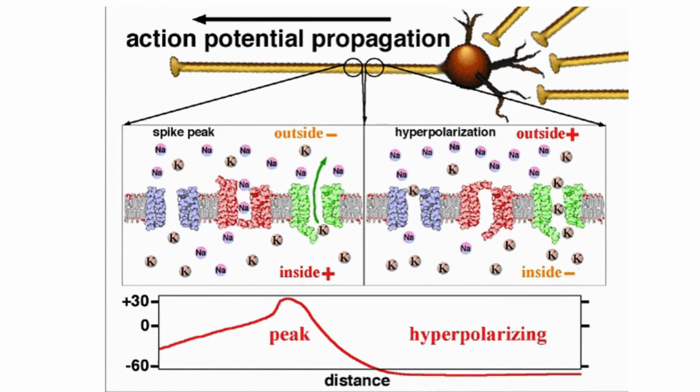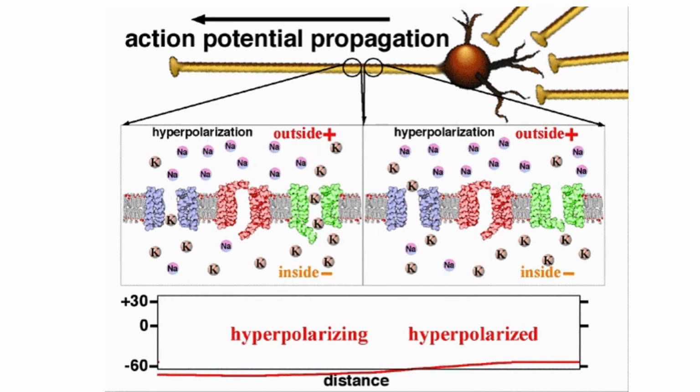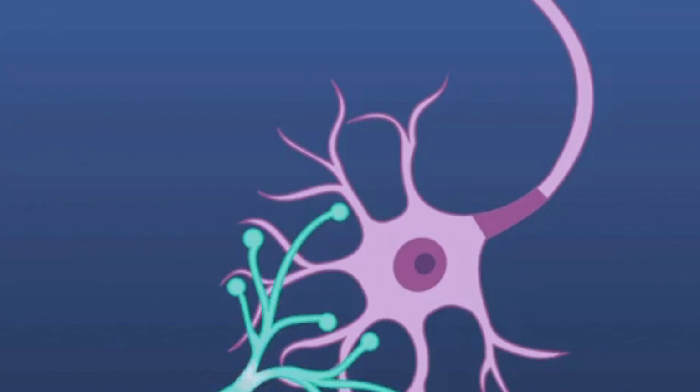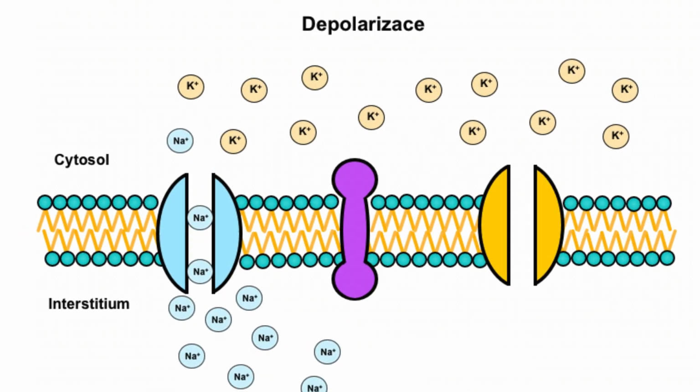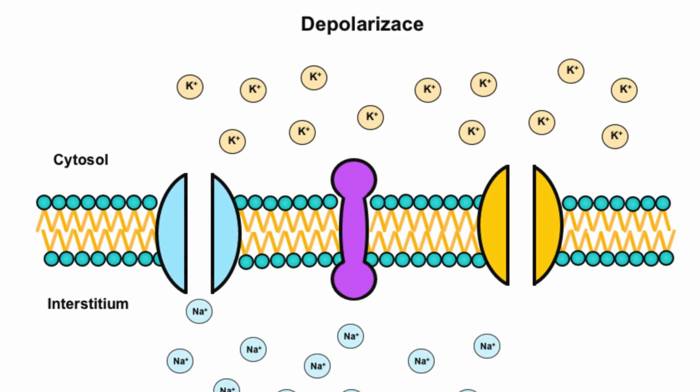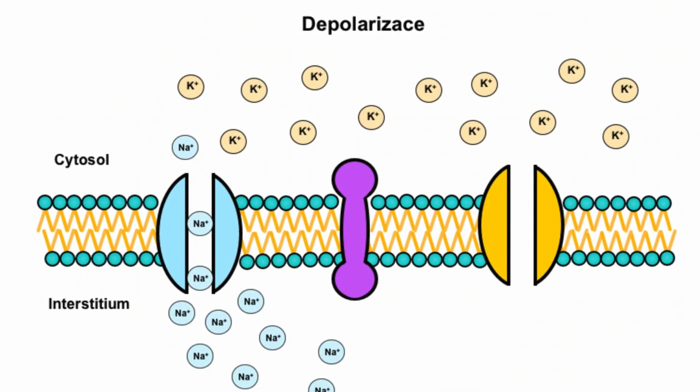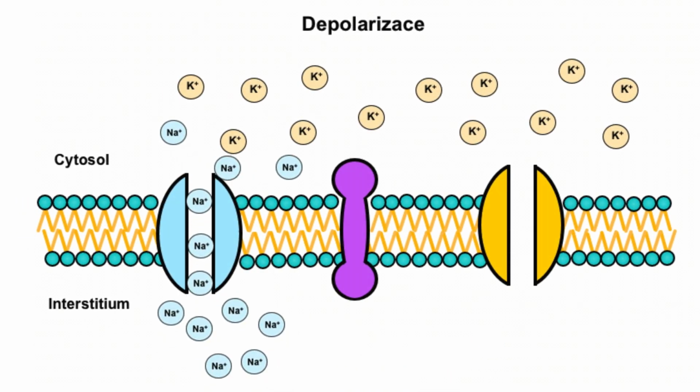This stimulates the adjacent part of the axon, which in turn becomes depolarized. As this process continues, depolarization occurs from one end of the axon to the other. The nerve fiber is then said to be in an action potential.